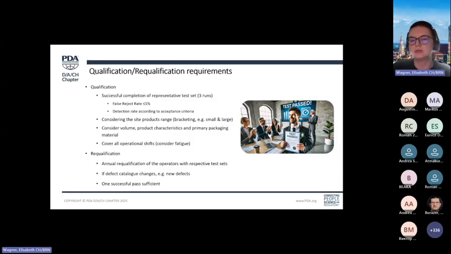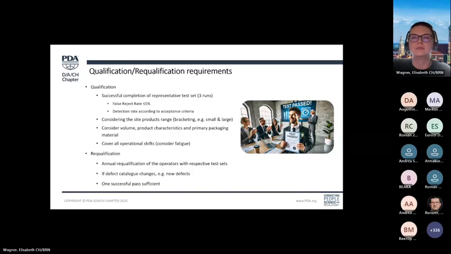So for example, if you have a test set that consists of 500 units, the operator is allowed to sort out 25 acceptable units. The reason why we apply this criteria is that we want also to test if the operator is able to sort out only real rejects.